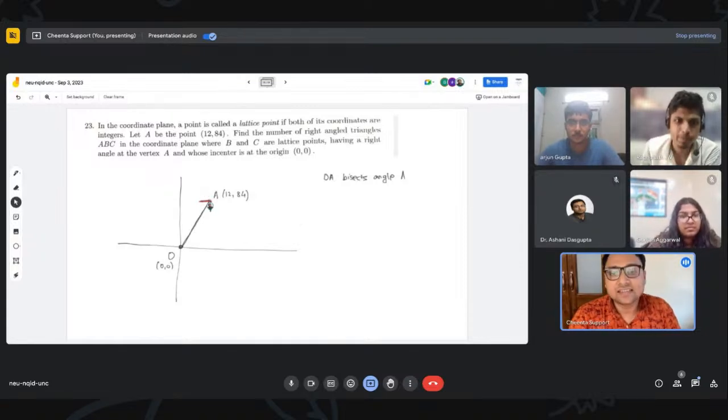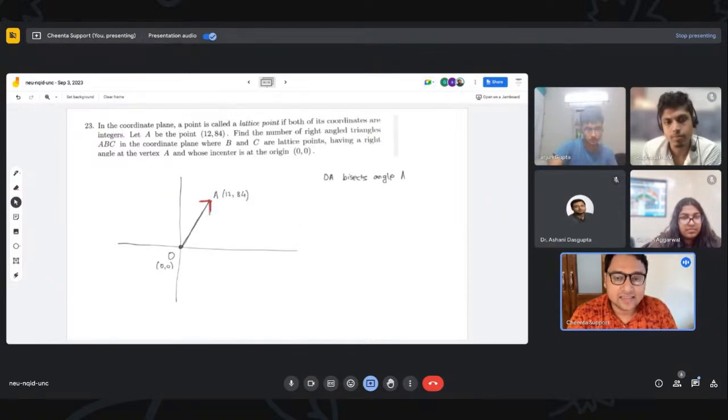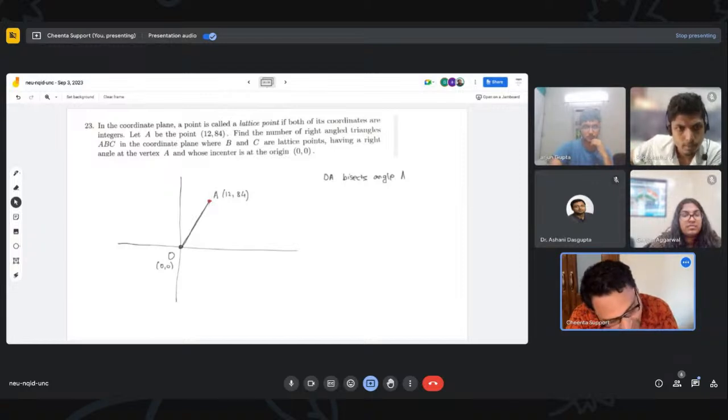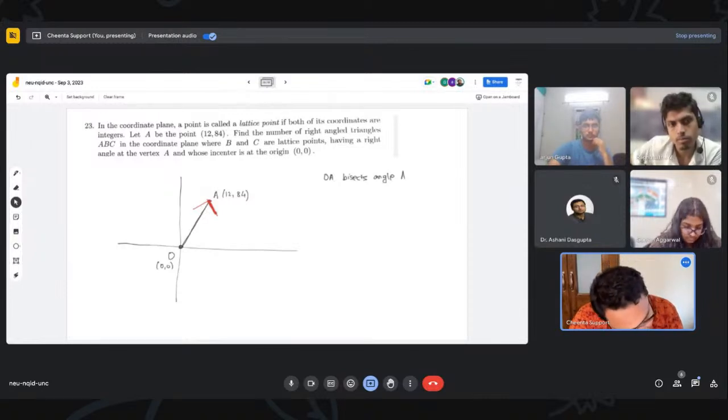The question is, why would the red lines be parallel to the axes? Because we could have had something like this, right? Why can't we have something like this? Maybe we can.